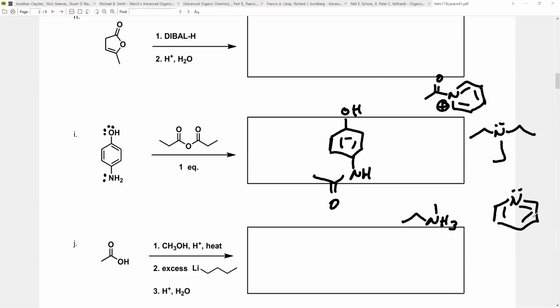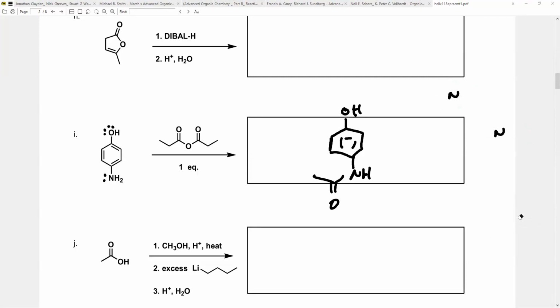In this case though, in the case of TEA and pyridine, there's no possibility. So if you ever have a nitrogen with no protons, that's not a good nucleophile. That's not going to acylate at all. So there are cases where that can be something you consider. Like, for example, what if I just added onto here an NR3, like a diethylamine?